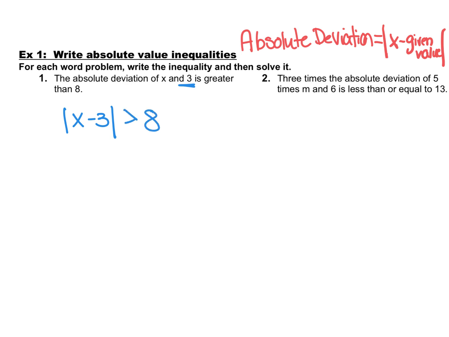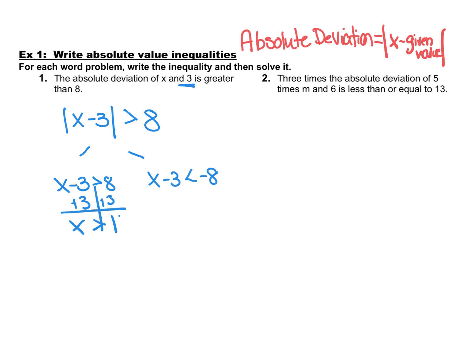If we solve this as an or, because it's greater, you have x minus 3 is greater than 8, or x minus 3 is less than negative 8. So you have x is greater than 11, or x is less than negative 5.